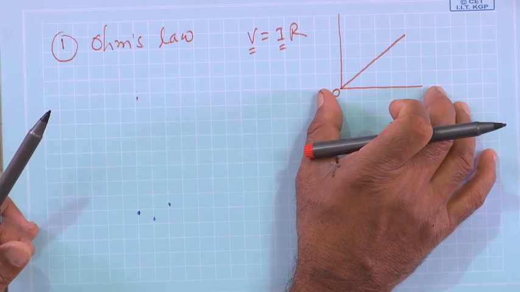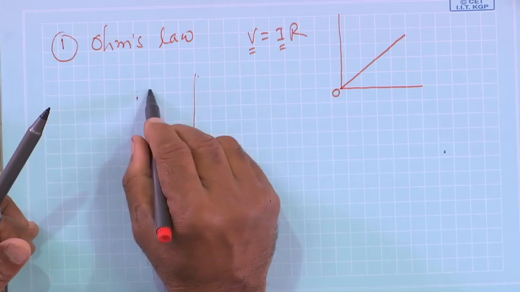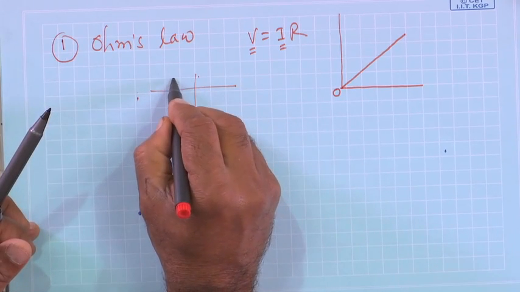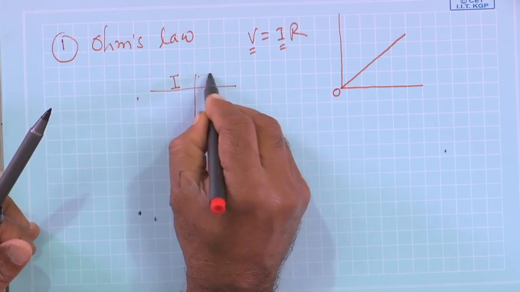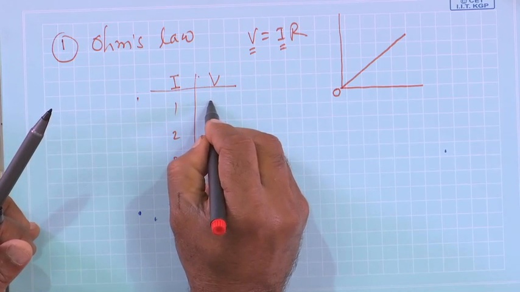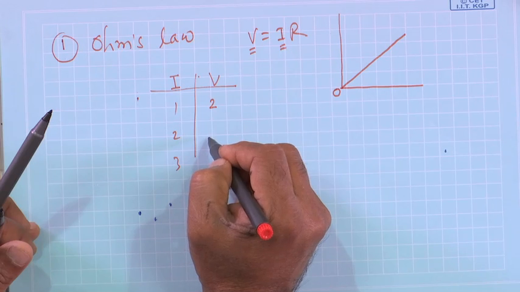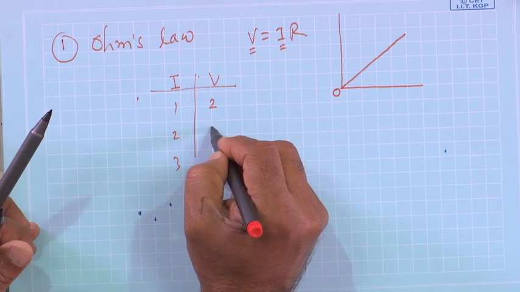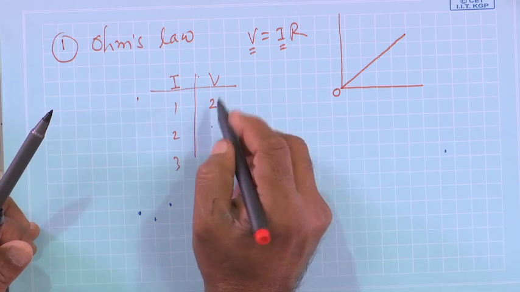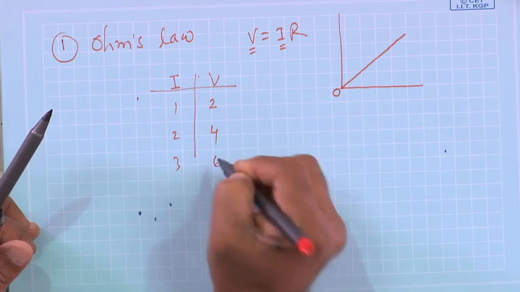Now you got the data, current versus voltage: 2, 4, 6, etcetera.